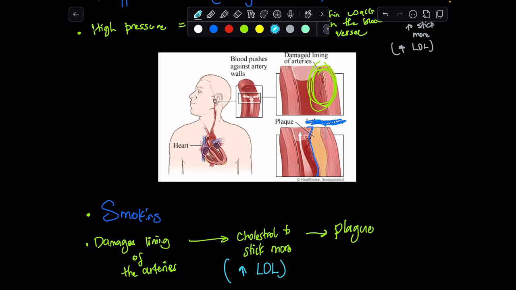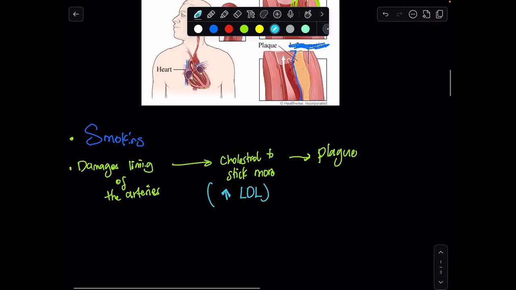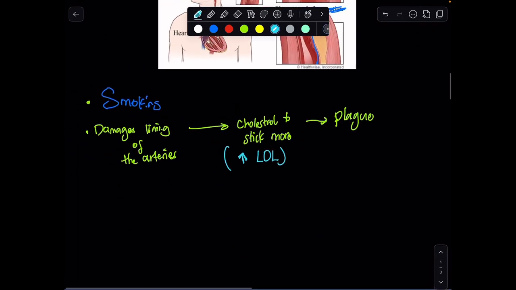So more delivery drivers, more lazy dangerous Luffy. More drivers bringing the cholesterol in and just leaving it there, and that causes the plaque. So smoking, hypertension.